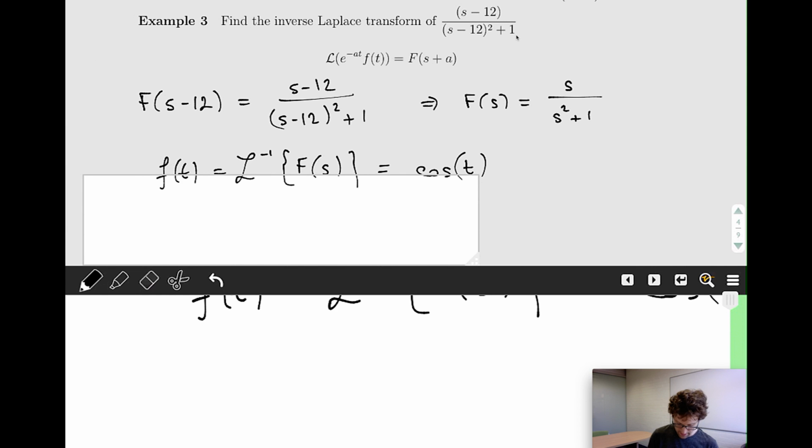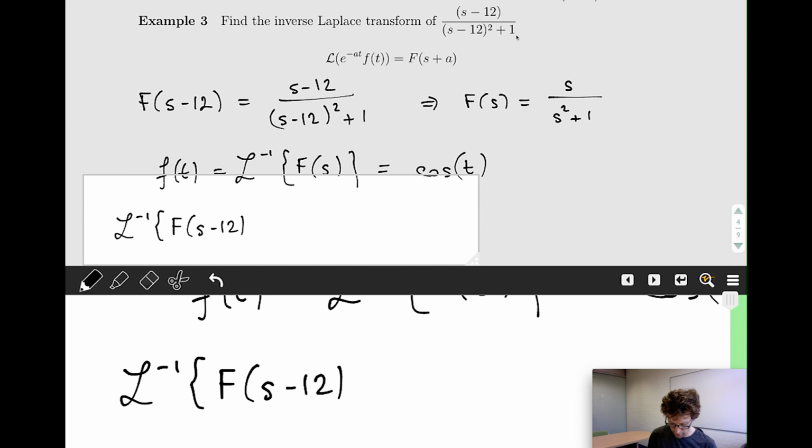Of course, the inverse Laplace transform of the shifted function from the first shifting theorem is going to be an exponential e to the minus a t, and a here was minus 12.